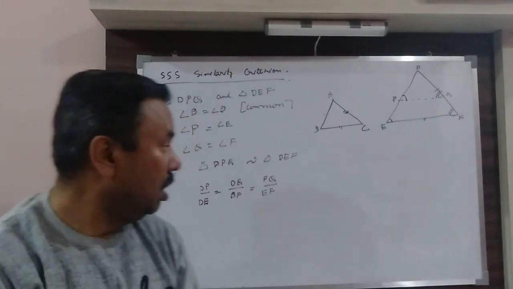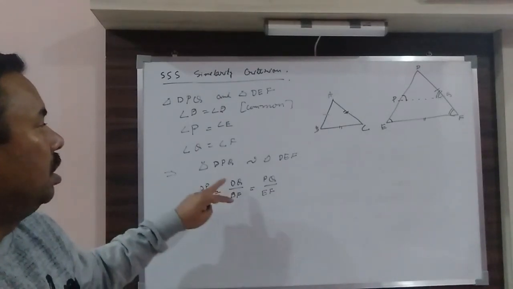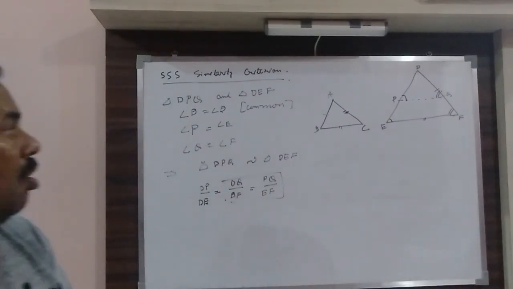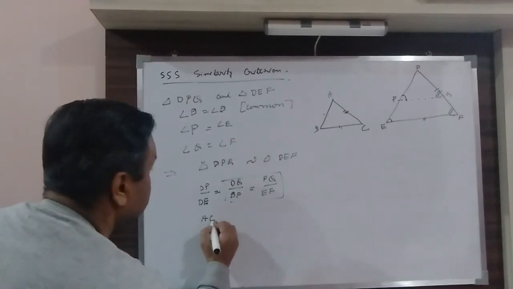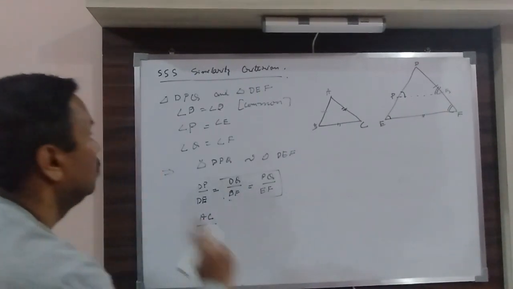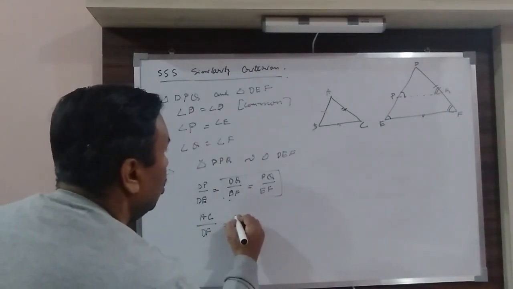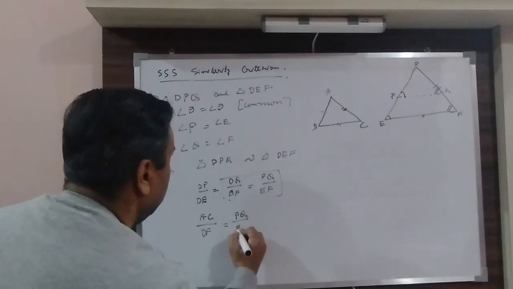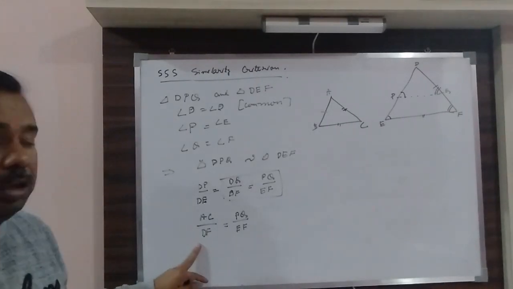But what has been given? This DQ, I will take just these two. What is this DQ equal to? DQ is equal to AC. So AC over DF is equal to PQ over EF. And what was this AC over DF equal to?